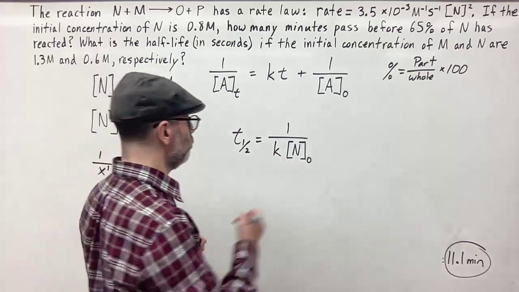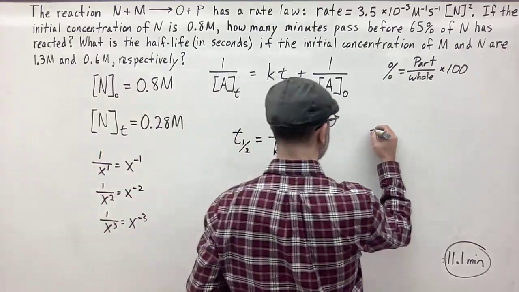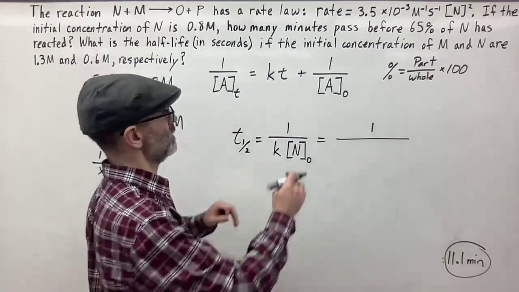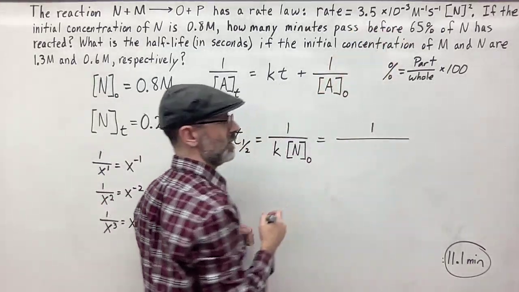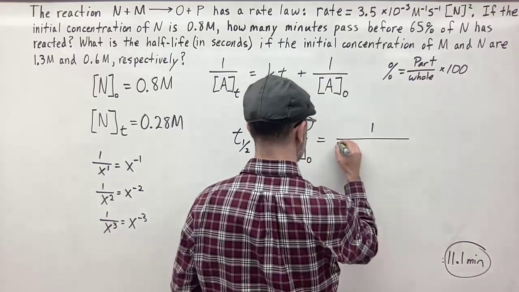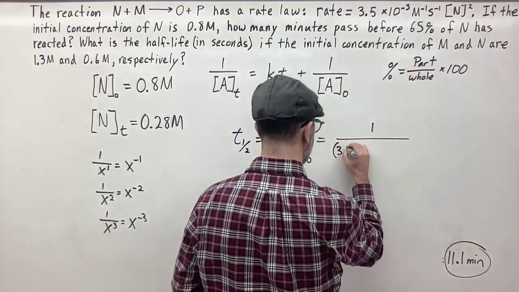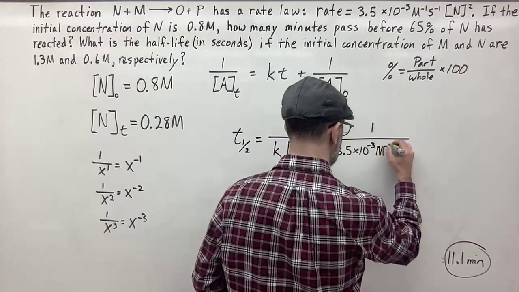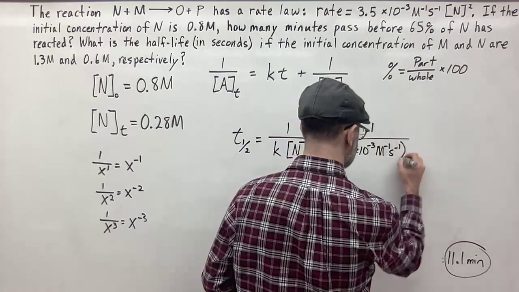And so let's go ahead and do that. So k is the same as before, 3.5 times 10 to the negative 3 per molar per second.